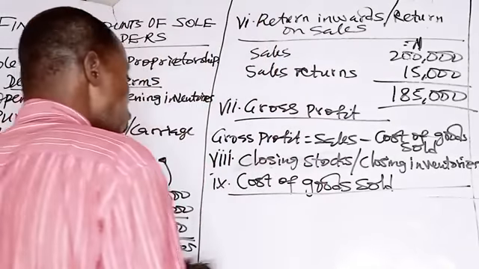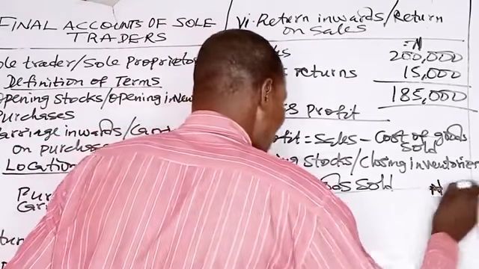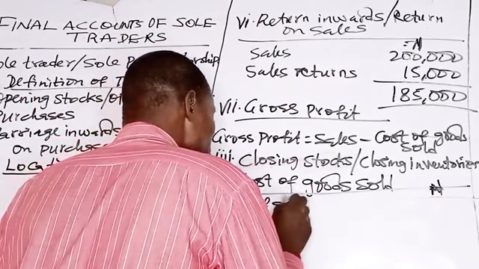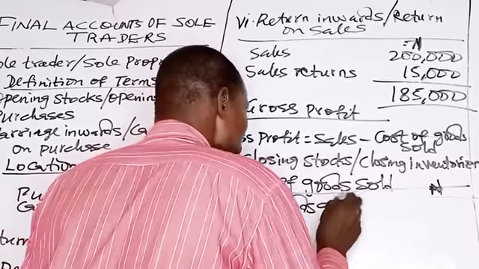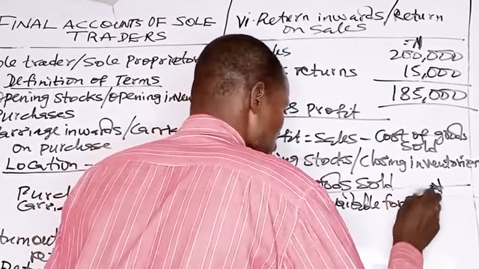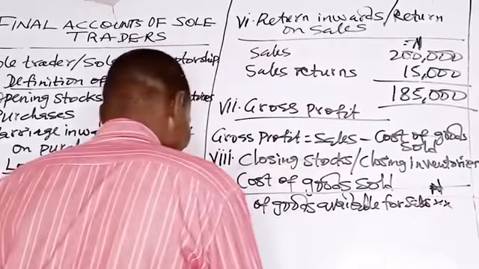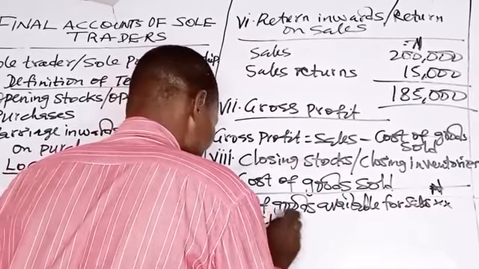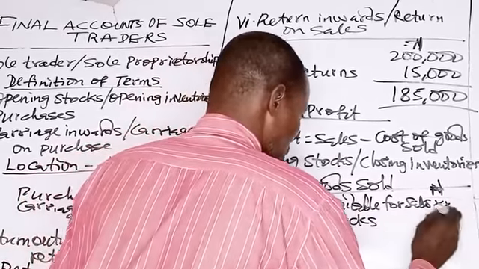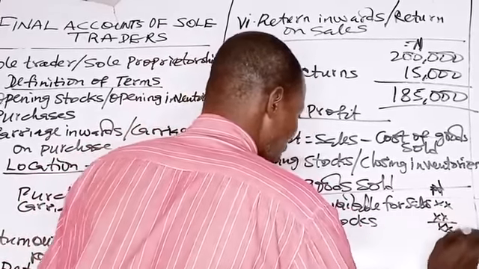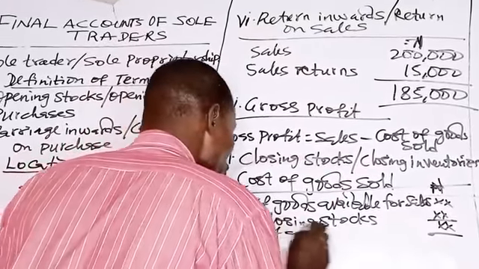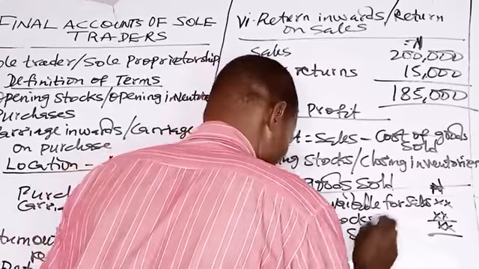To get cost of goods sold, you have cost of goods available for sales less closing stocks. So if you deduct closing stocks from cost of goods available for sales, then you get cost of goods sold.